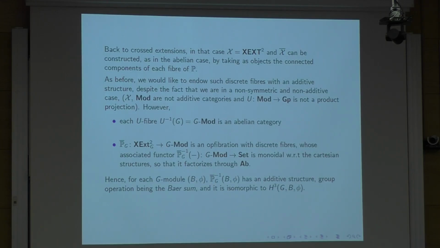And then, for each G-module B, we can obtain a group, where the group operation is again the Baer sum, and this is isomorphic to the classical H3 cohomology group with coefficients in the G-module B. And this is the way of getting cohomology groups by using crossed extensions.